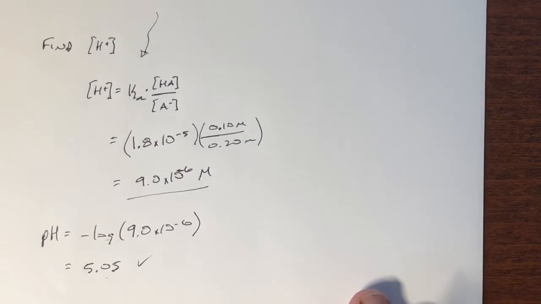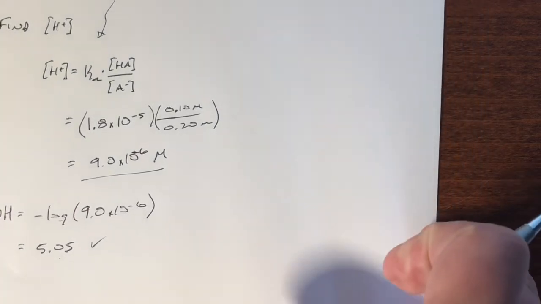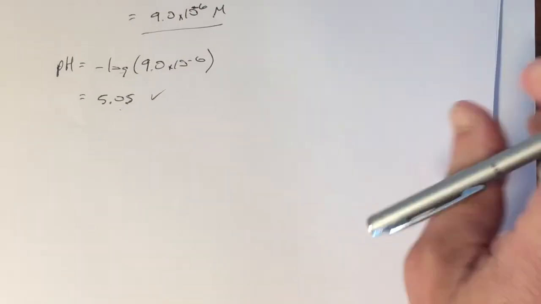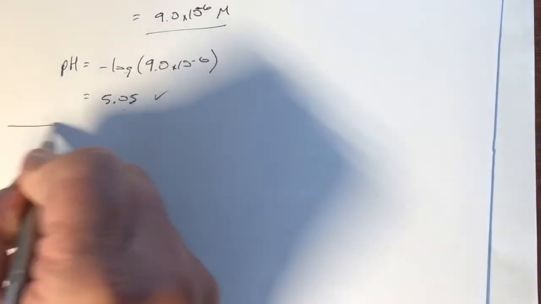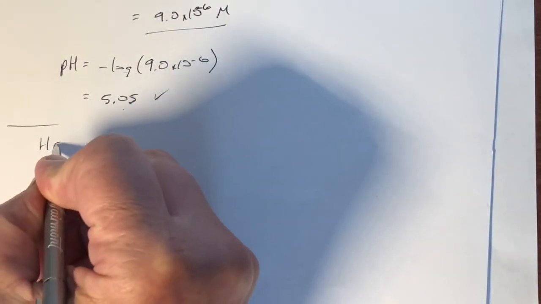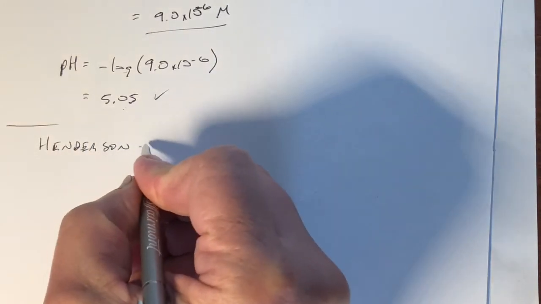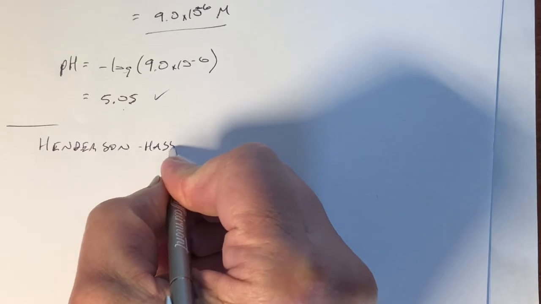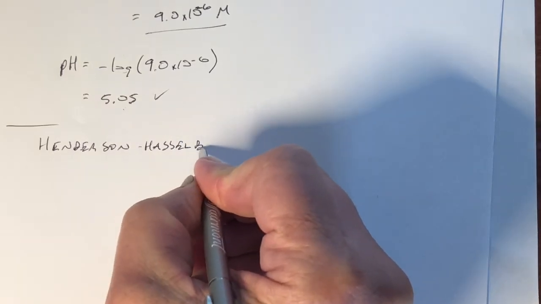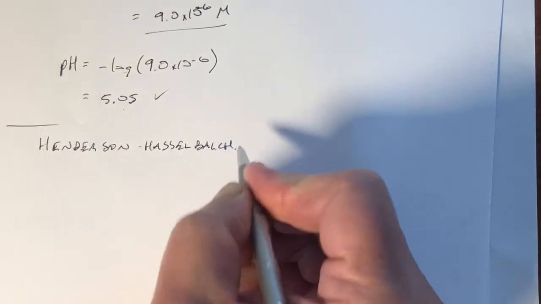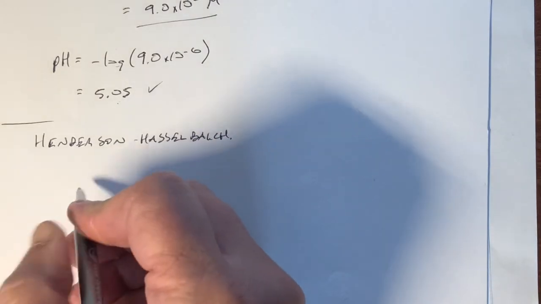Okay, the alternate way to do this is using something called the Henderson-Hasselbalch equation. The Henderson-Hasselbalch equation is named after a couple of biologists who did some quick math on buffers. And it's basically the same Ka equation.